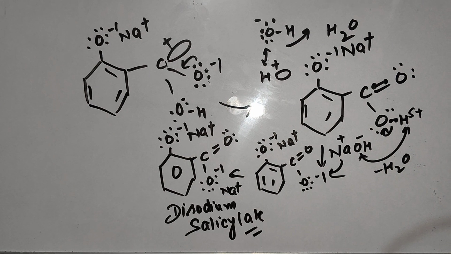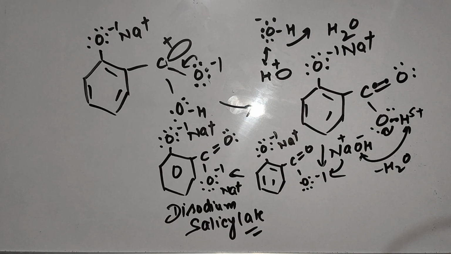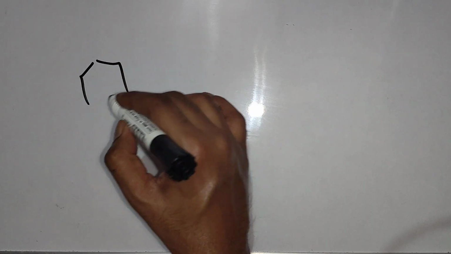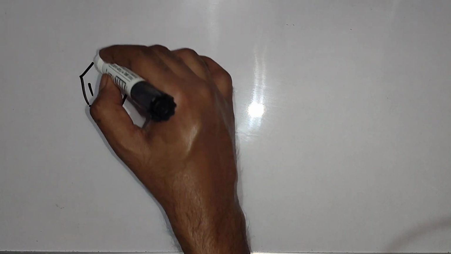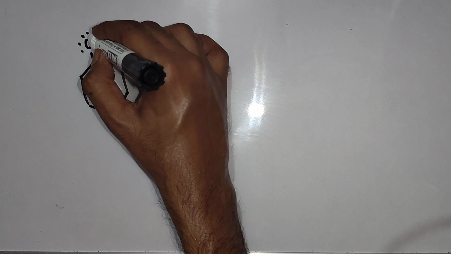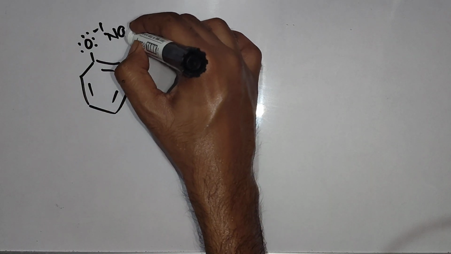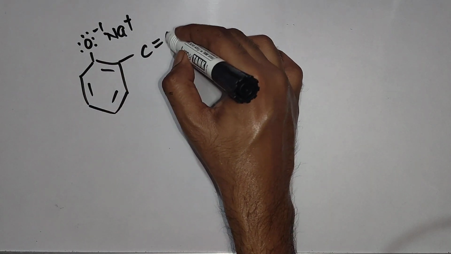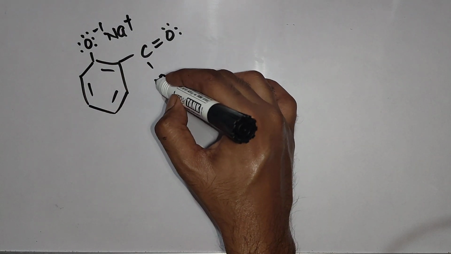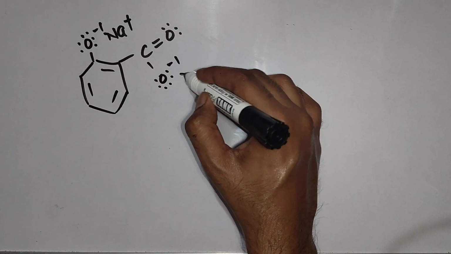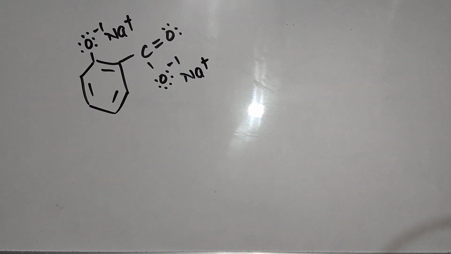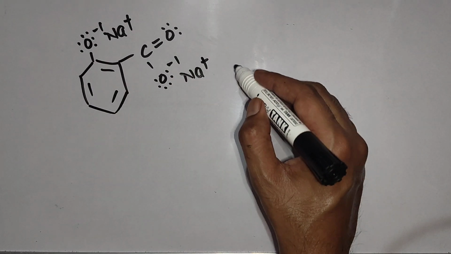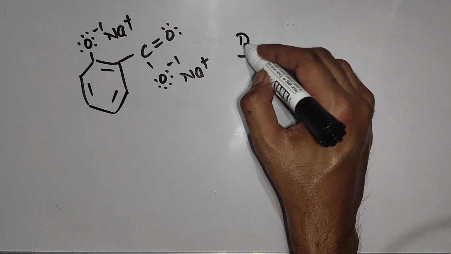After getting disodium salicylate, the final step, you know, we have done is acidification. This is disodium salicylate, which is generated at last, and then finally we need to proceed with acidification.